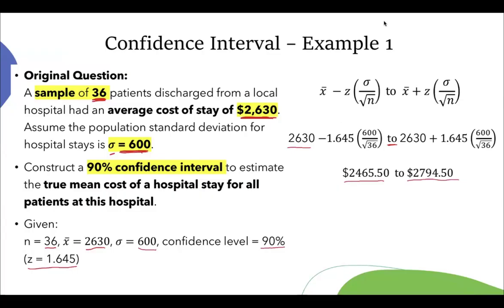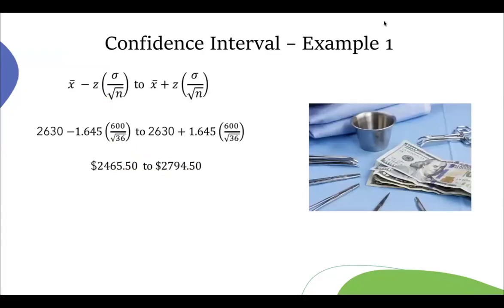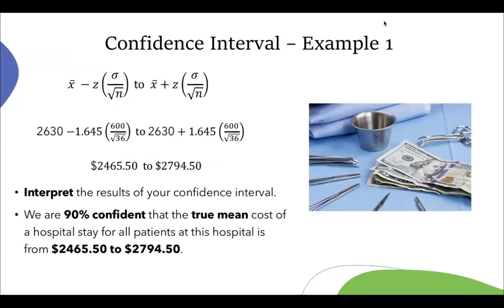Now, the next step is to interpret what this confidence interval means. So we can calculate it, but then we also want to express it in words. We're going to say that we are 90% confident that the true mean cost of a hospital stay for all patients at this hospital is from $2,465.50 to $2,794.50.